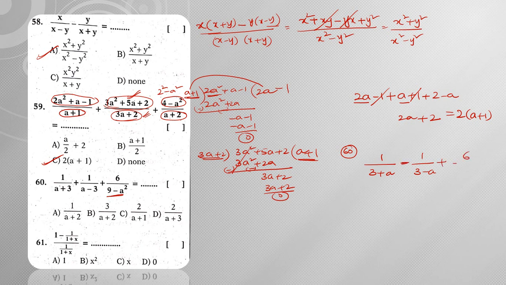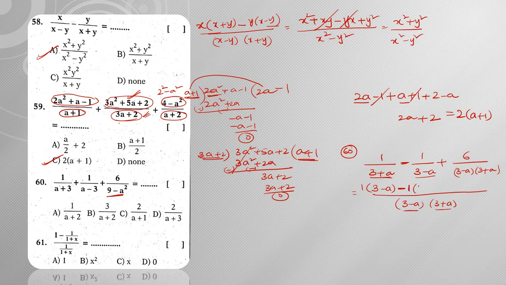Next, plus 6 by the denominator 9 minus a square can be written as 3 minus a into 3 plus a. Now clearly you can observe that 3 minus a into 3 plus a is my LCM, right? Here already I am having 3 plus a, that means 3 minus a is missing. That 3 minus a I need to multiply through the numerator, followed by the symbol minus. Next, here I am having 3 minus a, so other than 3 minus a, what is the factor we have? 3 plus a.